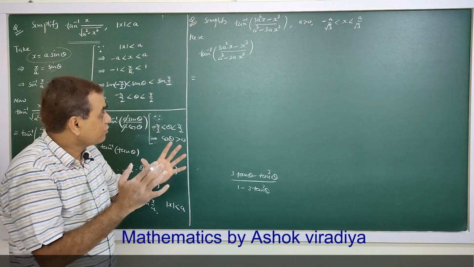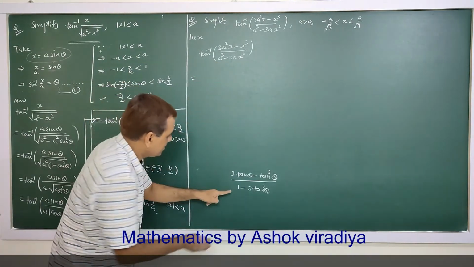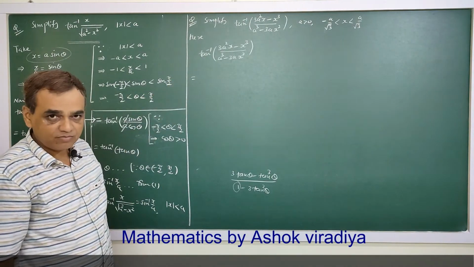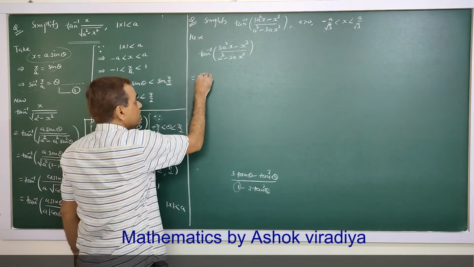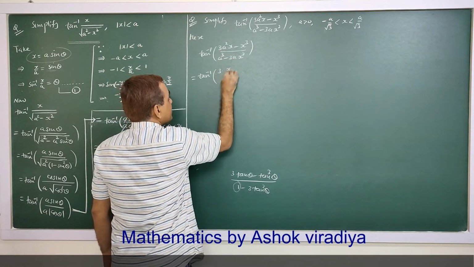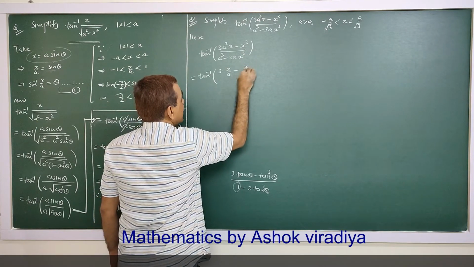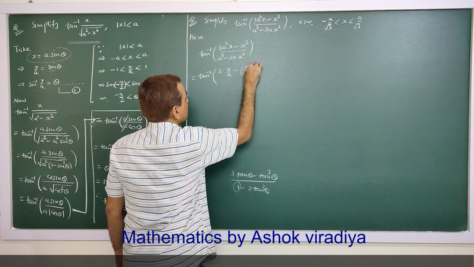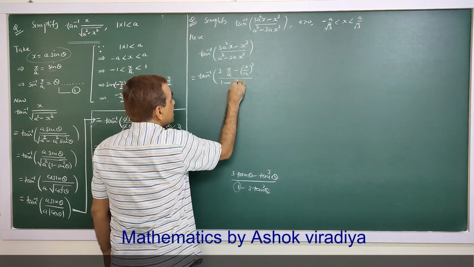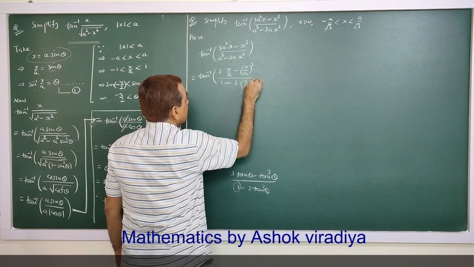So what shall we do? Here we need 1. So what I do? I am dividing by a cube. Dividing by a cube, this number divided by a cube will be x by a, minus divided by a cube will be x by a cube, divided by a cube, so 3 into x by a whole square.